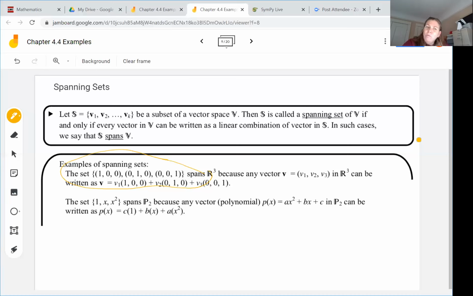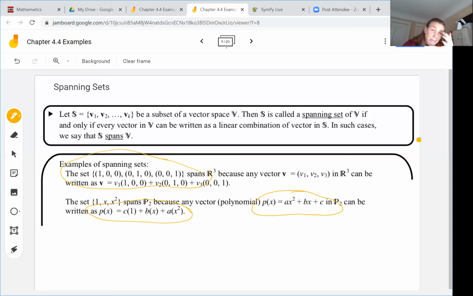Similarly, the set 1, x, and x squared spans P2, the set of polynomials of degree 2 or less, because any vector, which in this case is a polynomial, in the form p of x equals ax squared plus bx plus c, can be written as a combination of 1, x, and x squared added up.